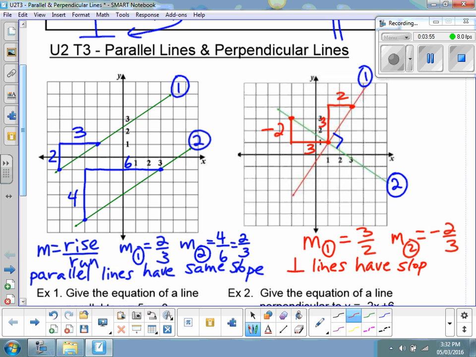that are, and if we look at the two slopes, you can see that they're similar, but they're not the same like they are with parallel lines. So these two slopes are actually flipped, the numbers have flipped, and one's positive, one's negative. So the mathematical description of that is we say that they are negative reciprocals.